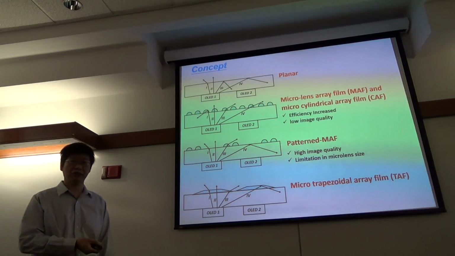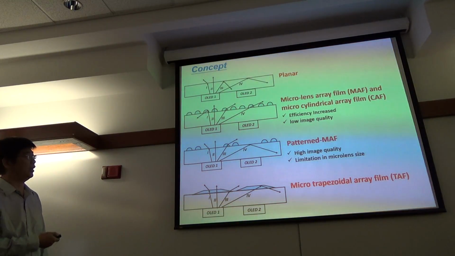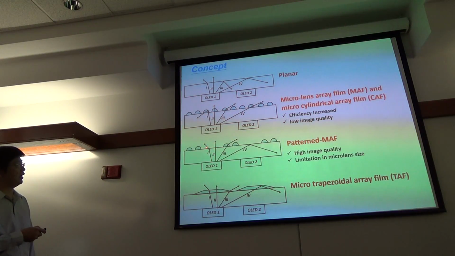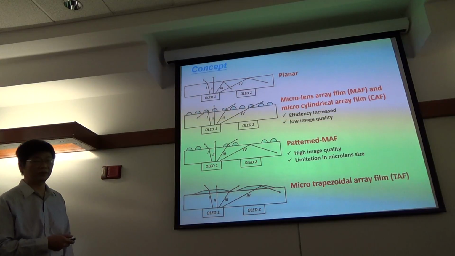So that is image blur. So that will have some problem. So we found, oh, we should pattern it. For example, here the light can go out, so we don't need micro lens. So just remove the micro lens, and so we can have this light rays. Maybe in the boundary, so still acceptable.